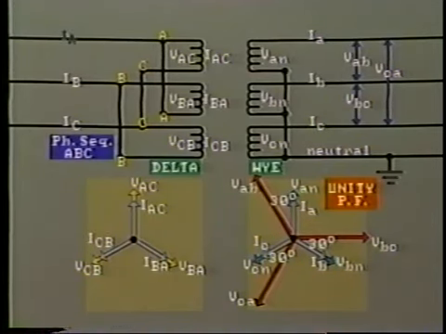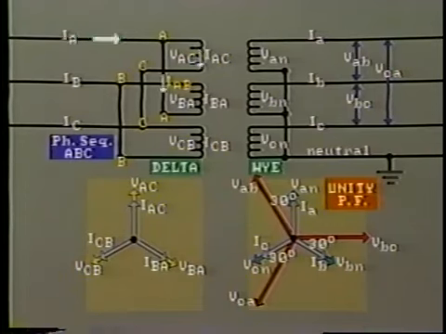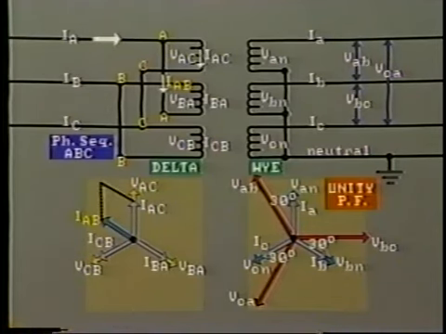But what is the current in line A, that is IA? Well, look, clearly the line current IA is the sum of the phase currents IAC and IAB, which is the reverse of IBA. Therefore, plot IAB on the phasor diagram and add IAC, which gives IA.